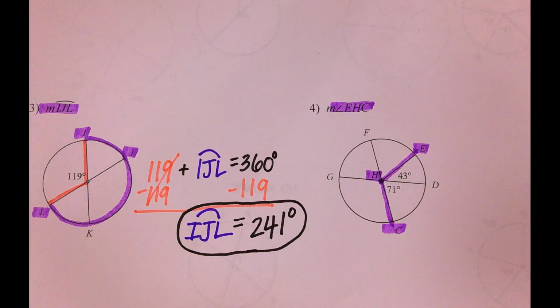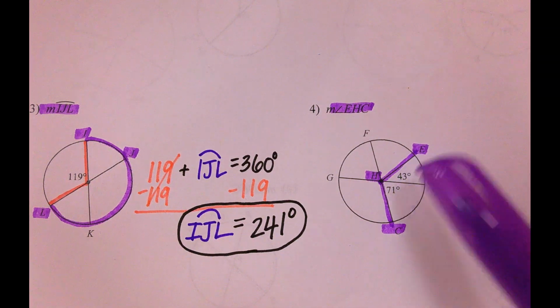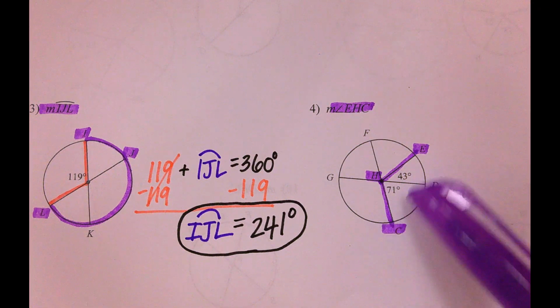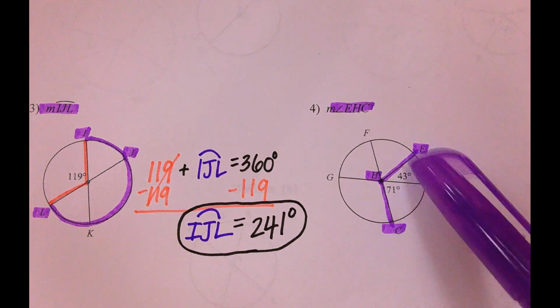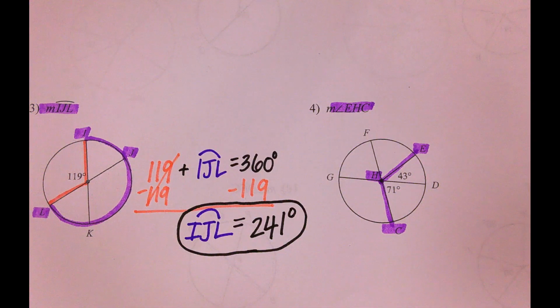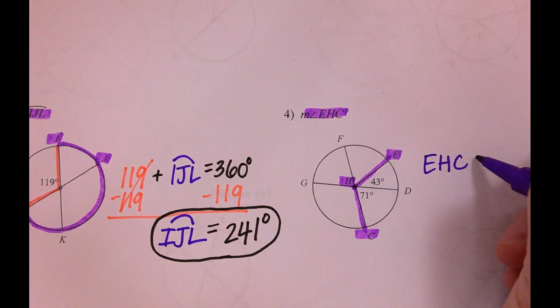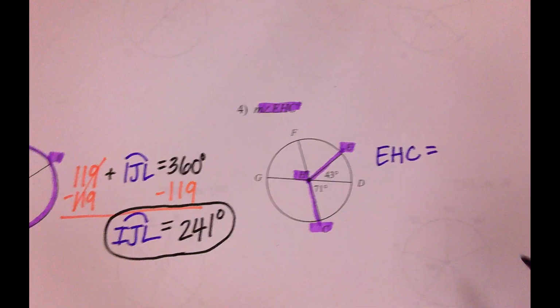How can I find that? The 71 and 43. Yes, that's all you do. They already gave us this measure and that measure, and those are inside of that EHC. So we can just add them together. EHC equals 43 plus 71.